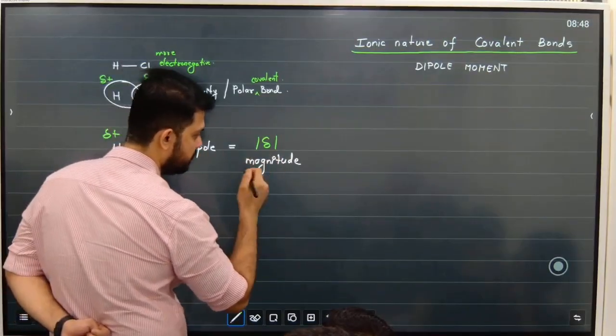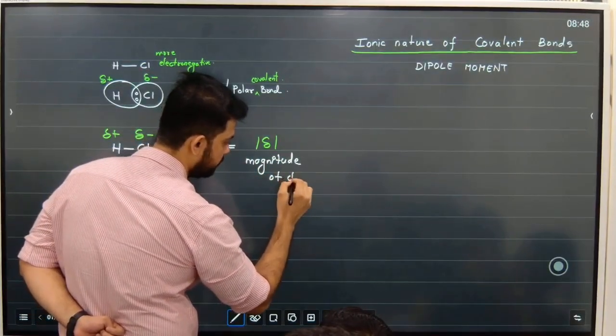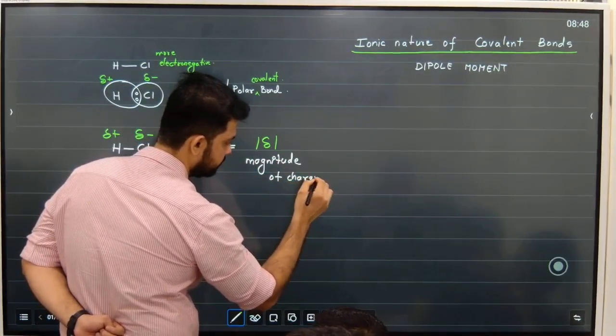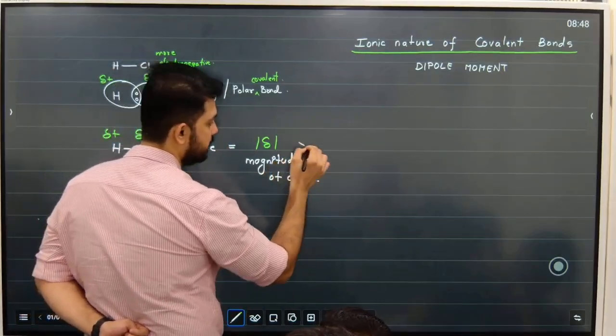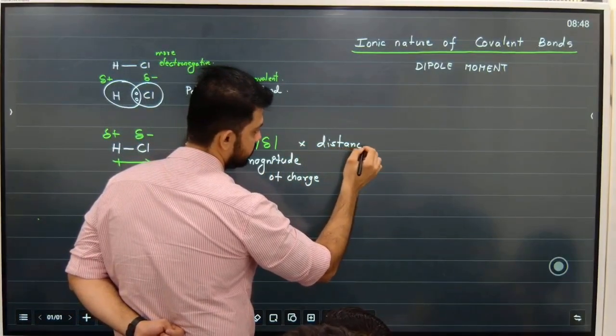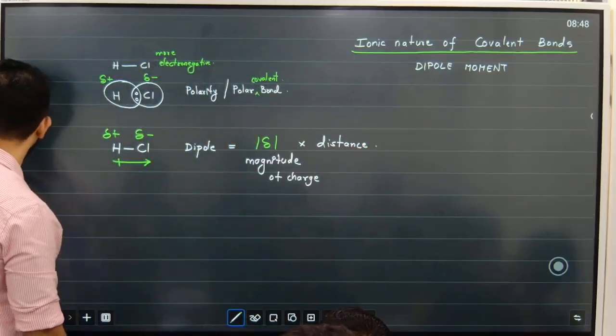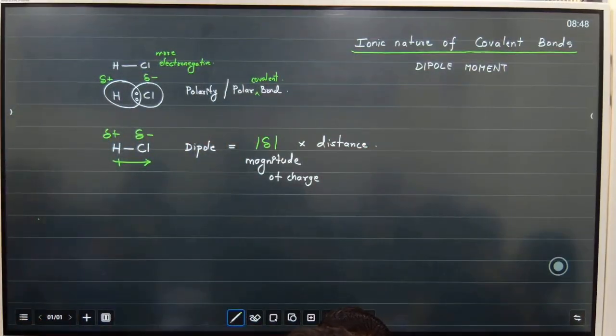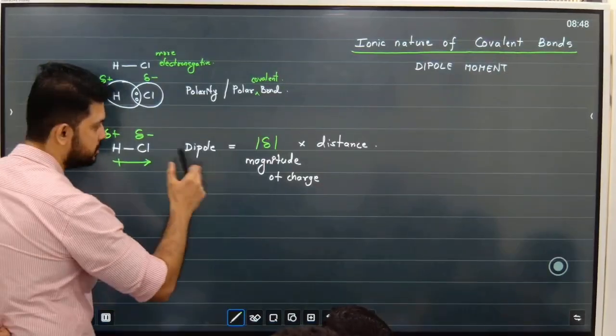So dipole is the magnitude of charge developed times the distance between the charges. I repeat, dipole is the magnitude of charge developed times the distance between the charges.